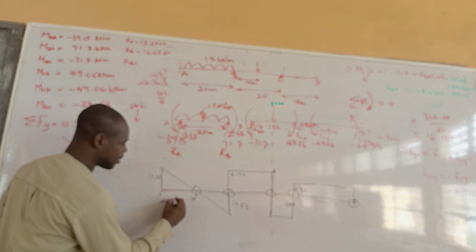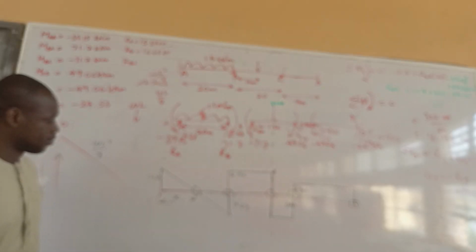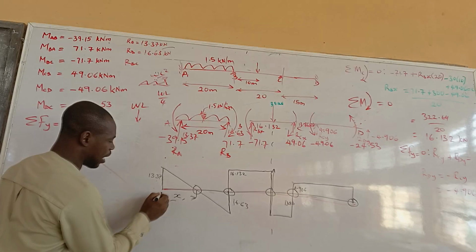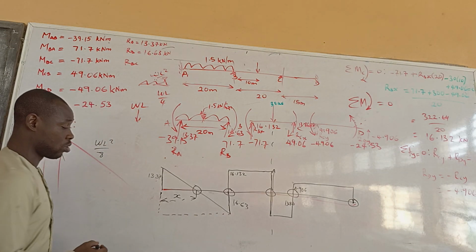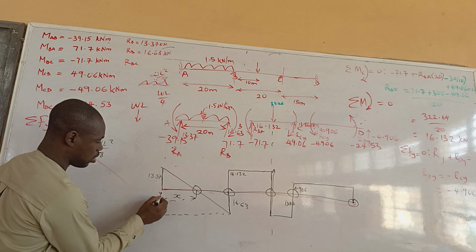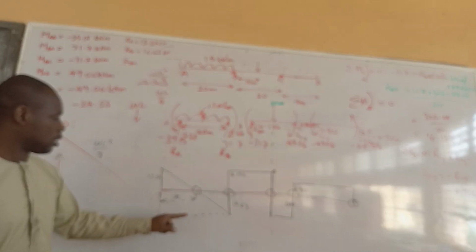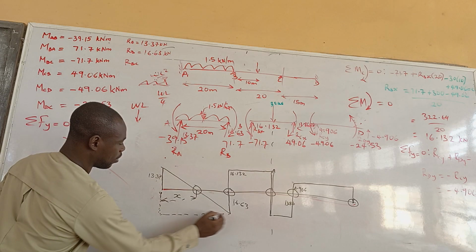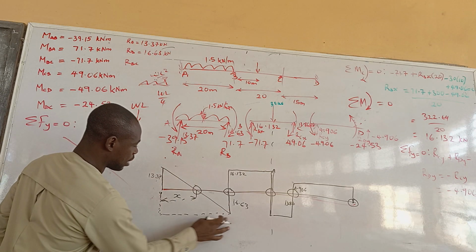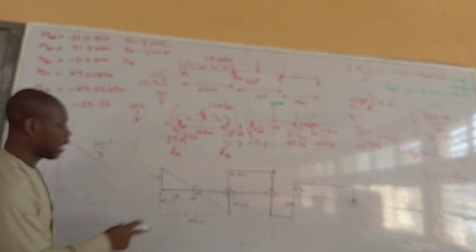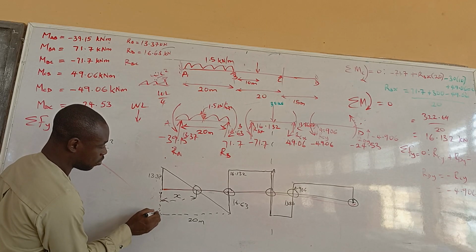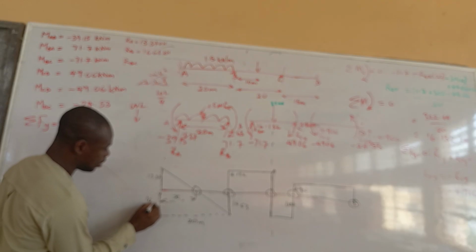This is what I'm going to do. Let's say this is x. I try and draw something like a triangle. That's the method I always use. This is a triangle here, and this is another triangle here. I know this distance to be 20 meters, and I know this height here to be 16.63, right?